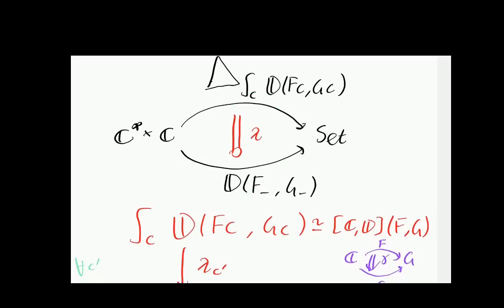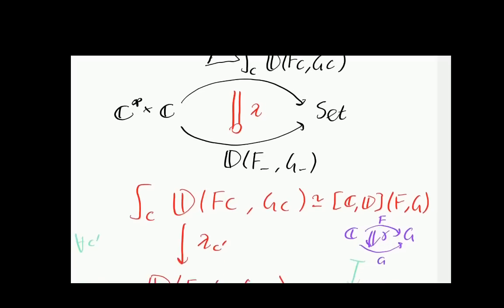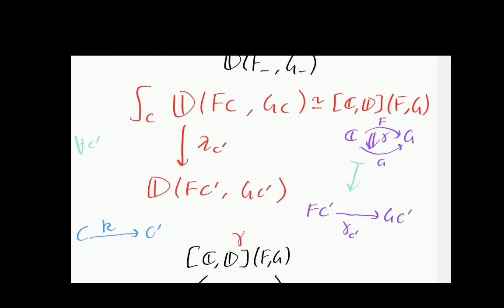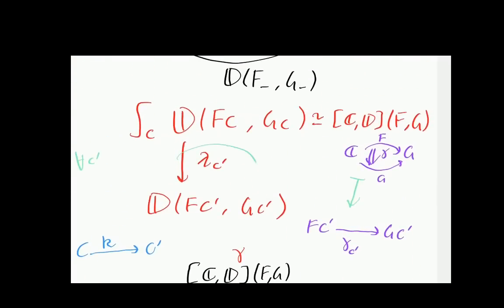Now, it's actually pretty easy to prove that we have an end here, so I'm just going to go through a quick proof. So firstly, we want to show that this kind of thing here is actually giving us a wedge. So we need to show that it satisfies the wedge condition.